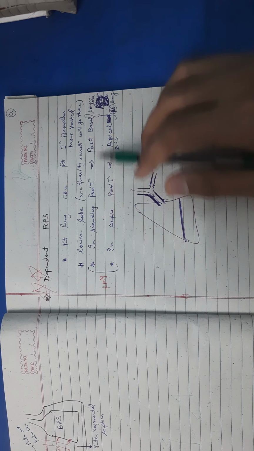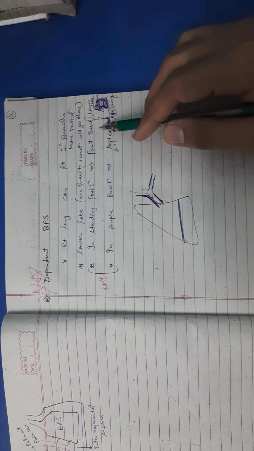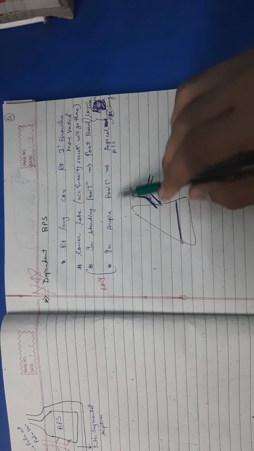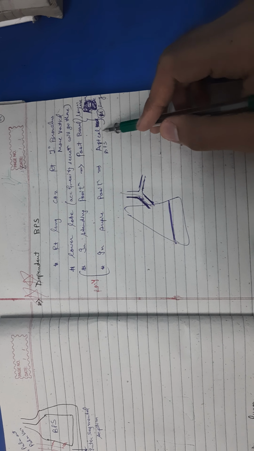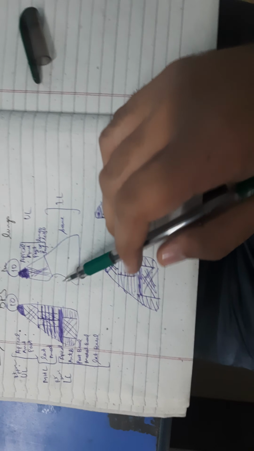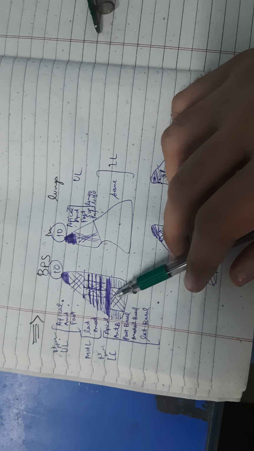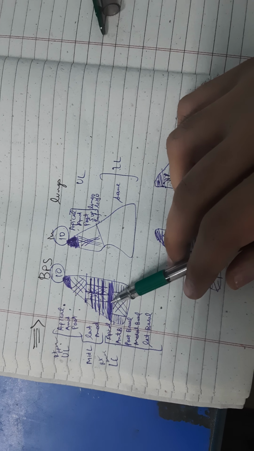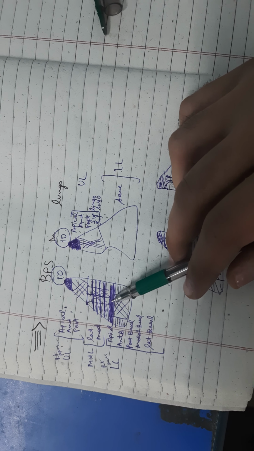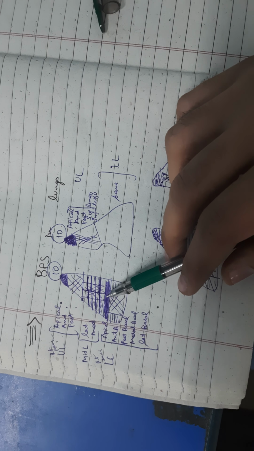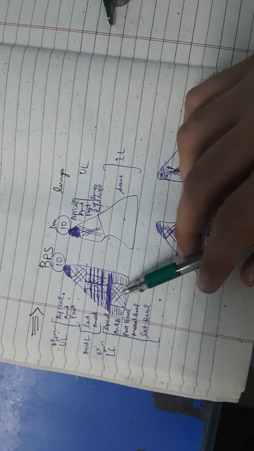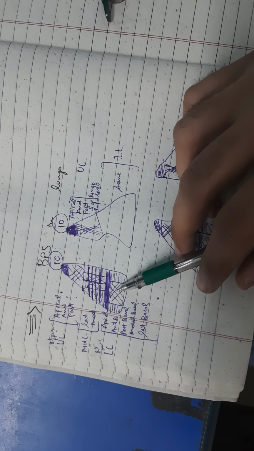Then in standing position, the posterior basal segment of the lower lobe is more dependent. In supine position, the apical bronchopulmonary segment of the lower lobe is more dependent, and in standing position, the posterior basal is more dependent.